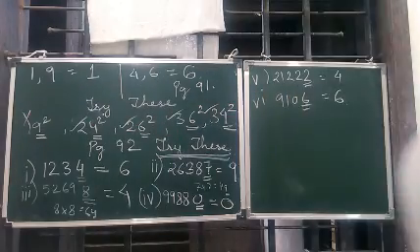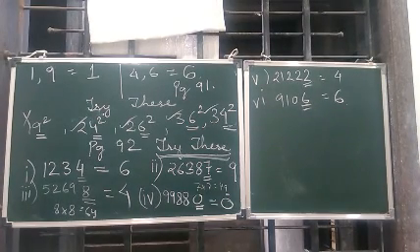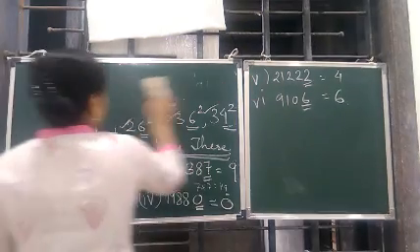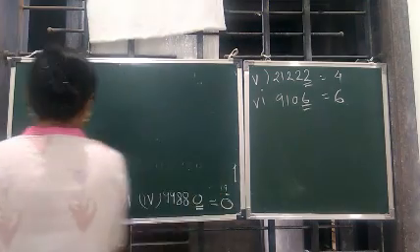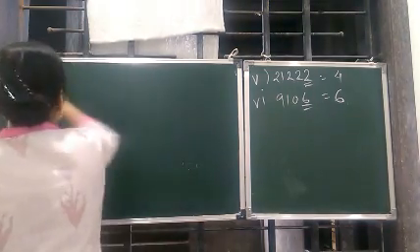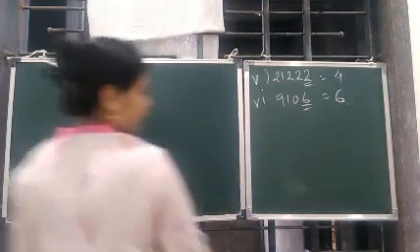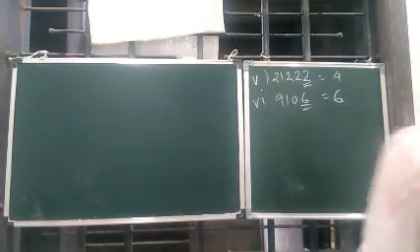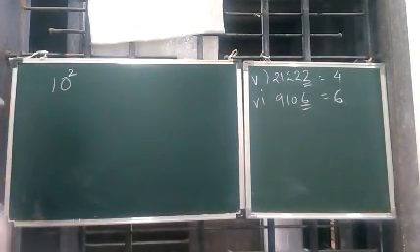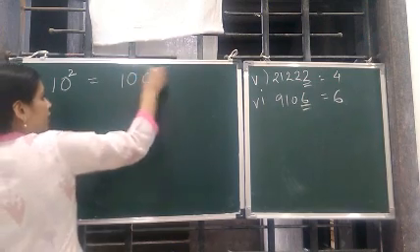Now, moving ahead, one more property is there. Let's do that property. Suppose we find the square of 10, that is 10 tens are 100.